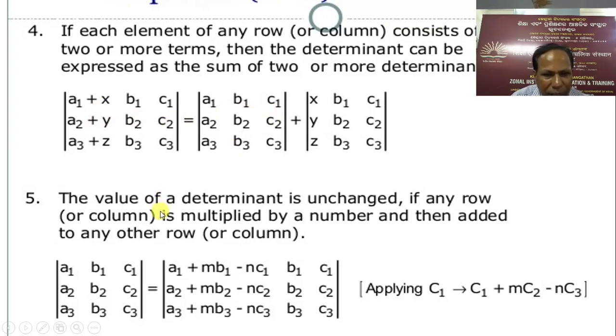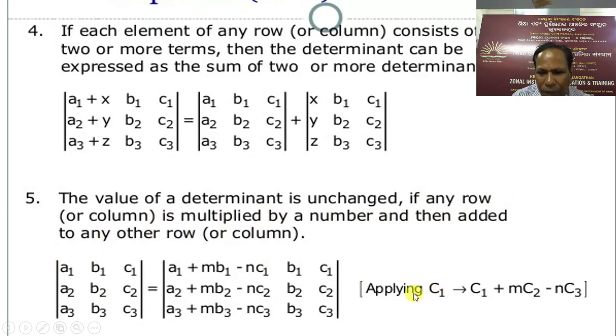Now this property 5 is more important because it will be used for solving most of the problems. The value of a determinant is unchanged if any row or column is multiplied by a number and then added to any other row or column.